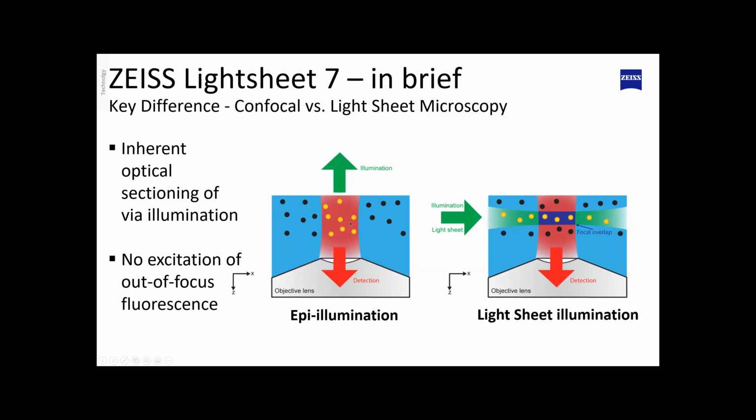Another cartoon just showing this: instead of illuminating everything that is in the column of the objective front lens, regardless whether these fluorochromes are in focus or not, as in wide field or confocal, we now only illuminate the ones that we actually image.